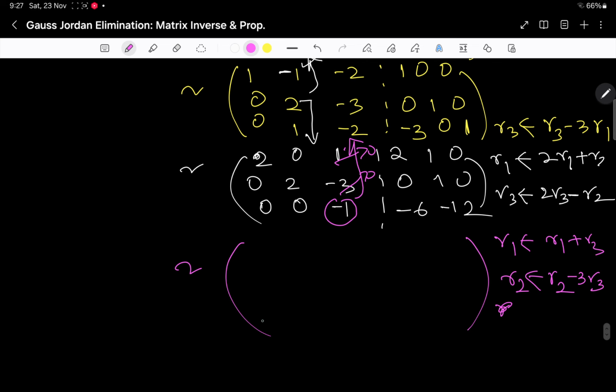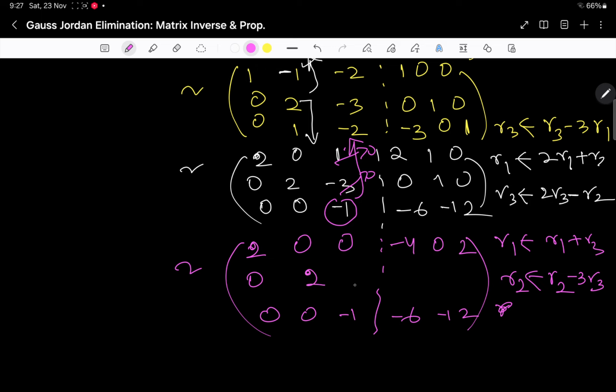Row 3 remains 0 0 minus 1, minus 6 minus 1 2. Now R1 plus R3, I simply add it: it is 2, 0, 0, and on the right minus 4, 0, 2. The middle row will be R2 minus 3 R3: it will be 0, 2, 0, and on the right 18, 4, minus 6.